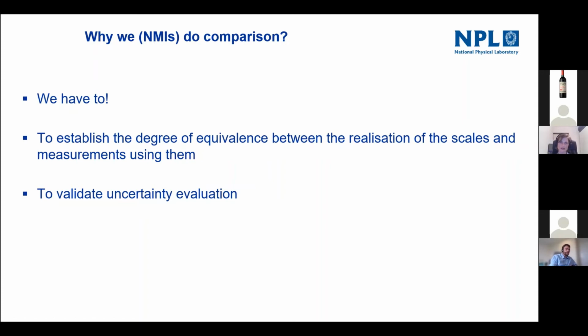So we have to establish what is called the degree of equivalence between the realizations of different measurements. And that basically helps us to ensure that we do the correct job and that our uncertainty evaluations are right, that we don't underestimate or overestimate our uncertainties.